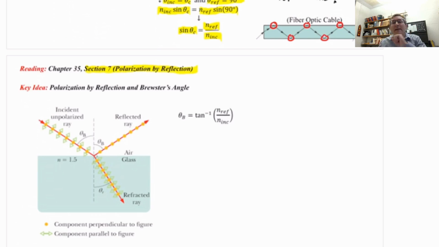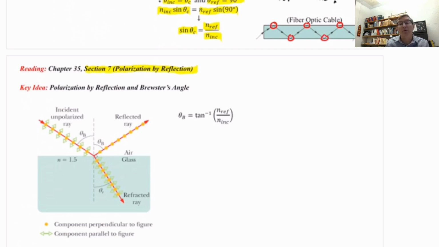We learned already in the section on polarization that the common way you get polarized light is you send unpolarized light through a polarizing sheet, which is made of long chain molecules that are all lined up in a particular direction. And then the light that gets through is linearly polarized along the direction of what's called the transmission axis of the sheet.